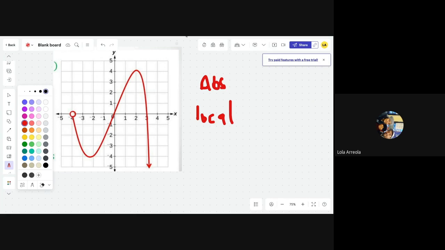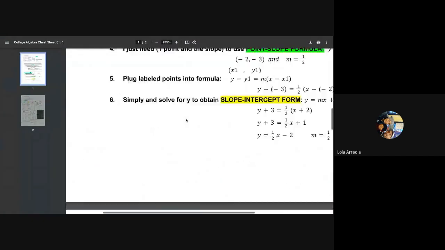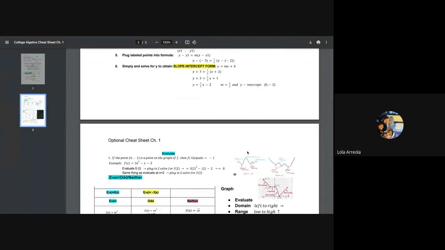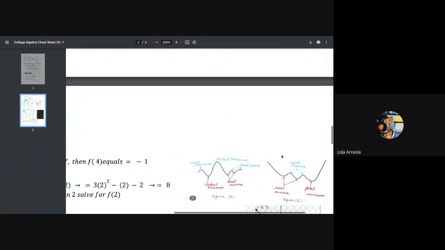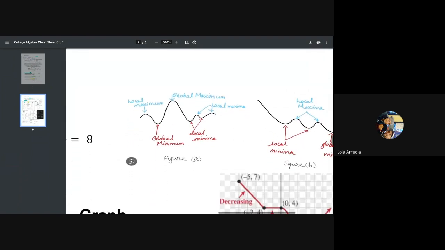All right, so if I go back to my cheat sheet, where is it? Right here. So this is included in your cheat sheet. Same with the increase and decrease.